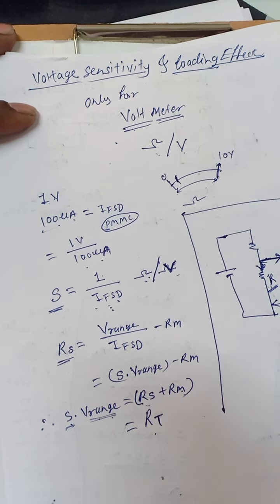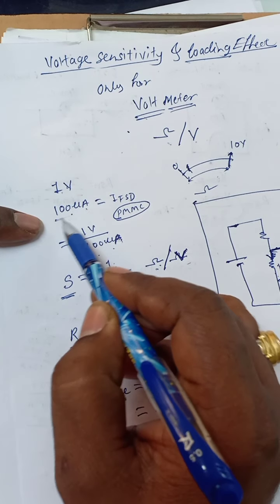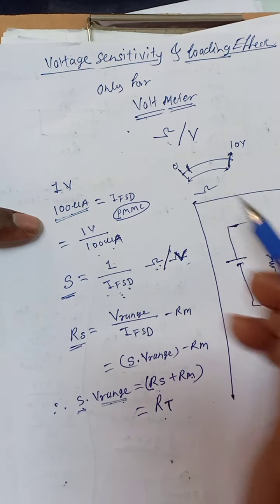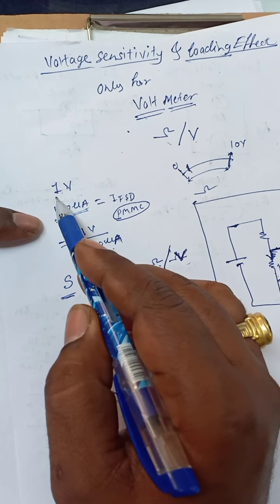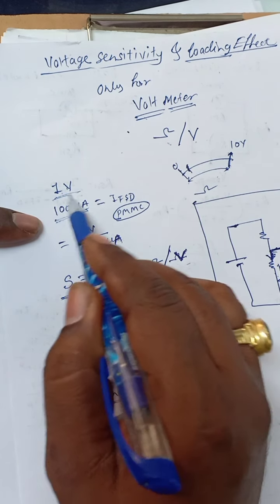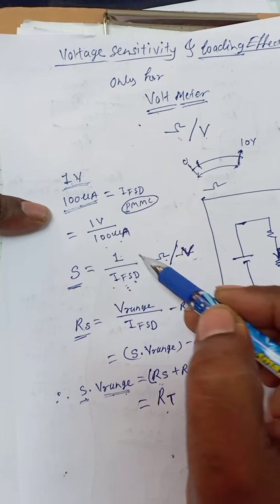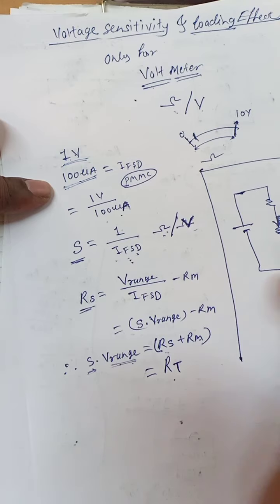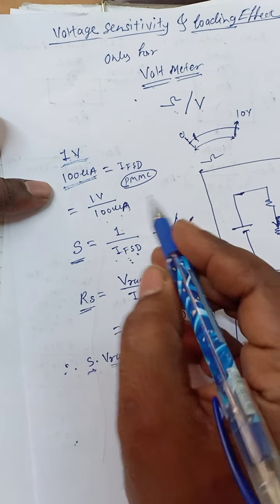In general, suppose 10 microampere is the full scale deflection current, and if you apply 1 volt across the meter, then the resistance of this meter is given by 1 volt divided by 100 microampere.